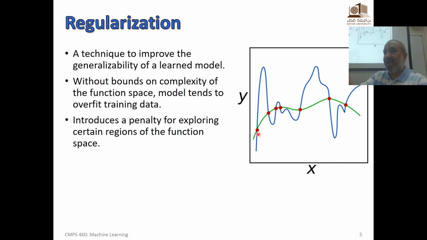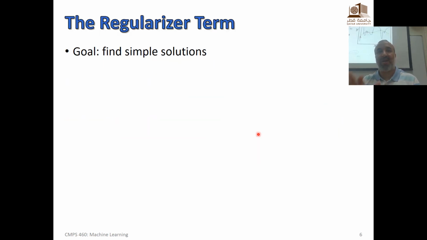Okay, with the hope that this will achieve generalization. Okay? How do we do that? We will have a penalty for the models that are complex. So we favor the models that are simple, and we have a penalty for the models that are complex. How is that? This is what we will see. But this is the idea.